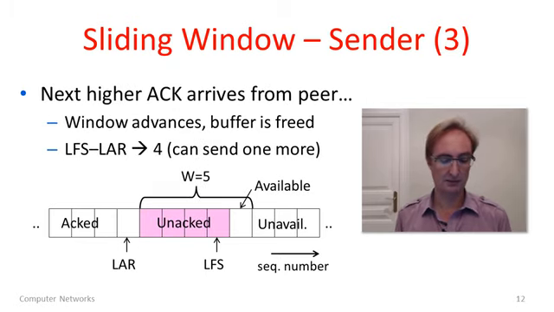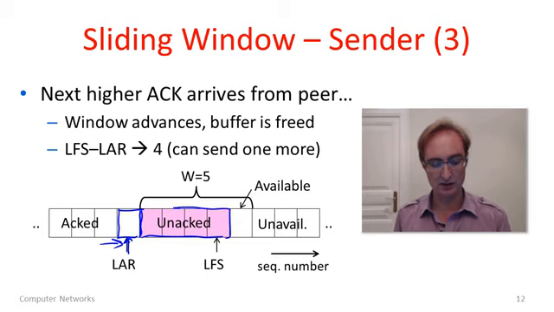Here's something else that can happen. We can receive the next higher acknowledgement. Now, you might have noticed that LAR has moved along. We actually received an acknowledgement for this segment here. So LAR now points here. I've not colored that pink anymore because we can free that buffer and throw it away. So now we only have these 4 segments outstanding in the network.